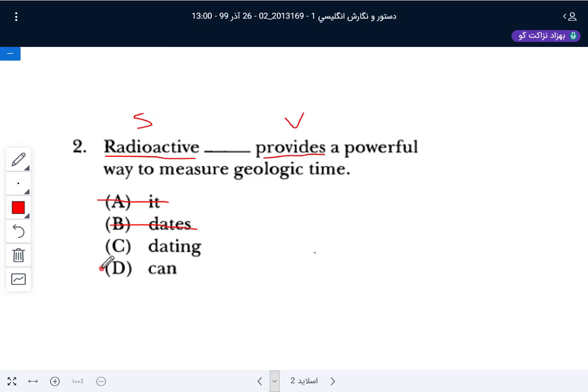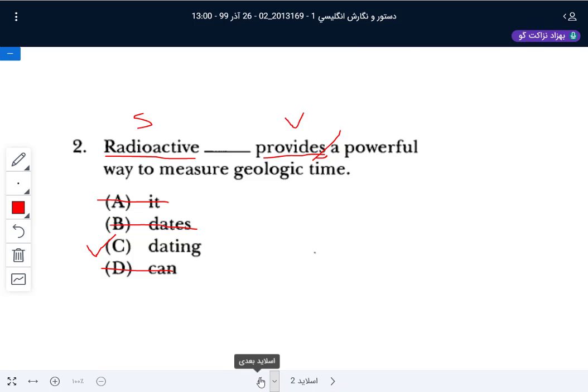If I choose choice D, can is a modal verb. So immediately after that, we don't expect to see the third person singular. It is a bare infinitive form. So this is not acceptable. And as you said, dating is the best choice, radioactive dating. Dating is the best choice for this example.